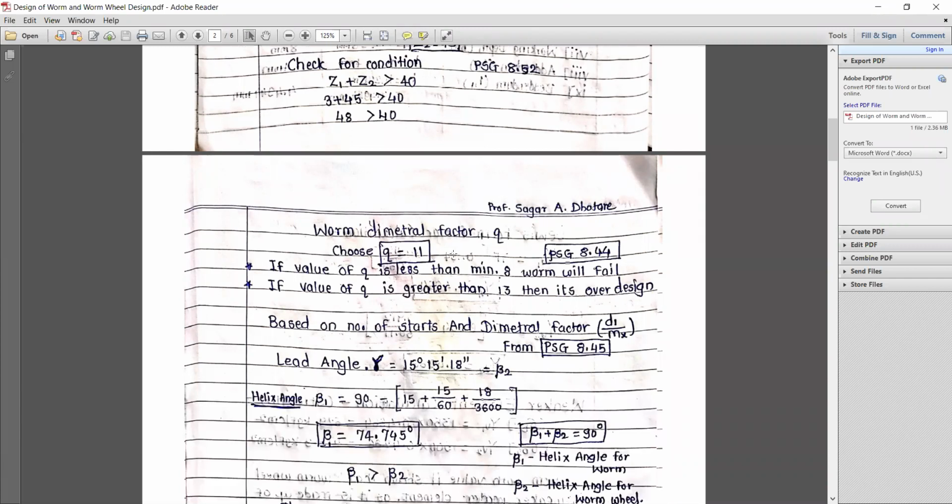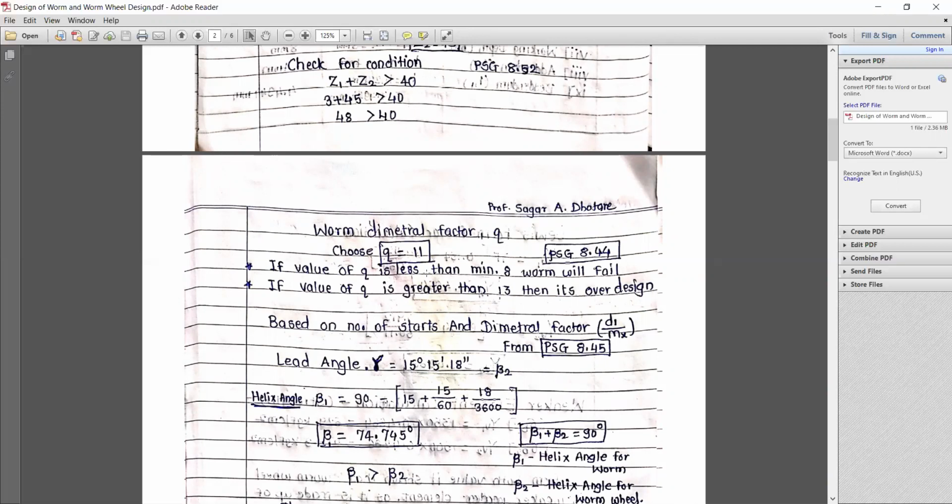Now next, we have to find one more factor, called the diametral quotient. It is nothing but the ratio of the pitch circle diameter of the worm divided by the module, the axial module, or transverse module. That ratio we denote by q. Normally, q equal to 11 is chosen.